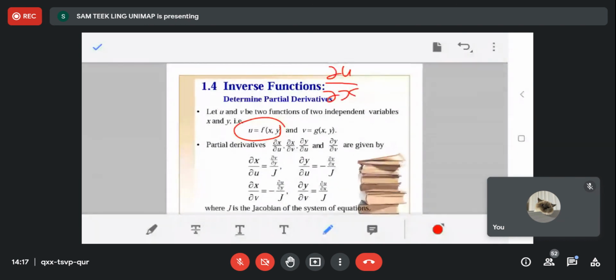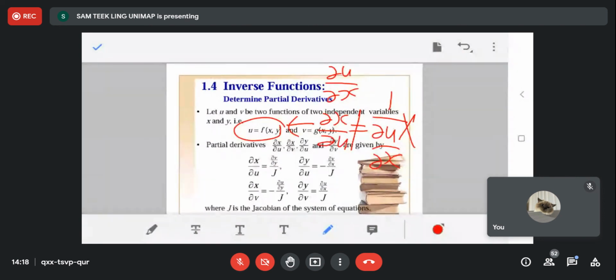Then if we want to find del x, del u, it is the inverse function. So if you want to find del x, del u, you cannot directly give me this. It is not equal to 1 divided by del u del x. This one is wrong.